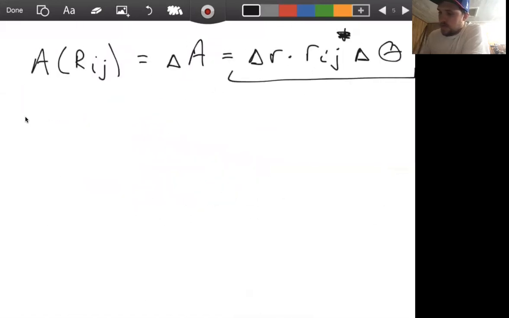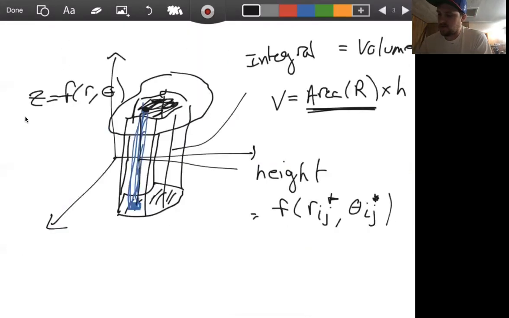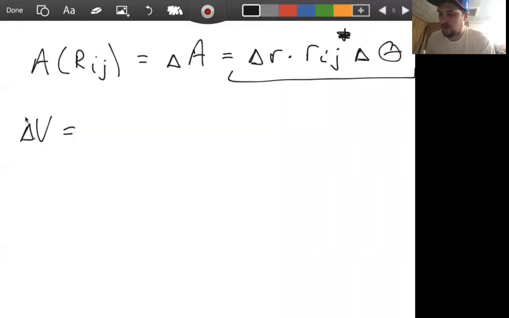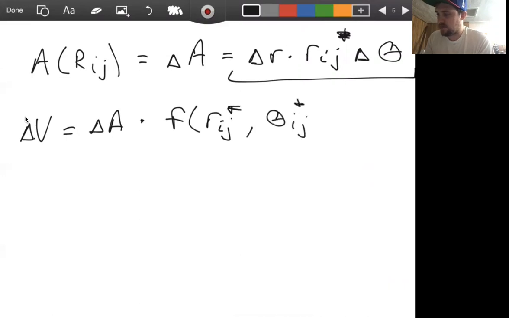And so that means the volume of just one of these smaller pieces, like I have in blue, which we'll write as delta V, is going to be delta A times the height, which is the function evaluated at this test point, R_ij star, theta_ij star.